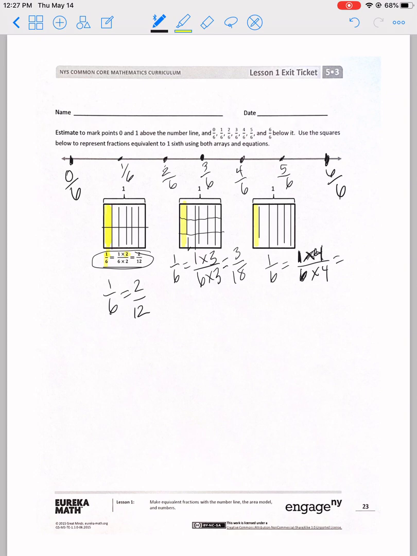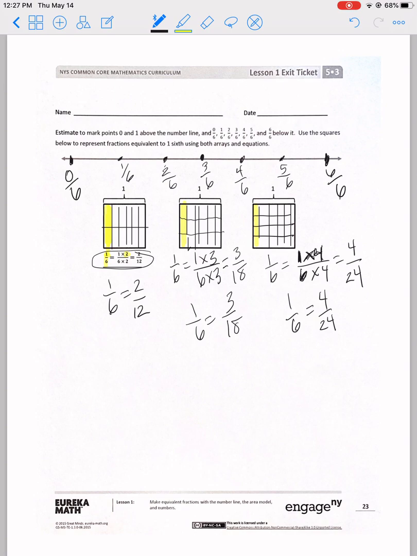And we have to cut the box into 4 pieces. 1, 2, 3, 4. Okay, 1 times 4 is 4, and 6 times 4 is 24. And there you have it. So 1/6 is also equal to 3/18, and 1/6 is also equal to 4/24. And we're done.